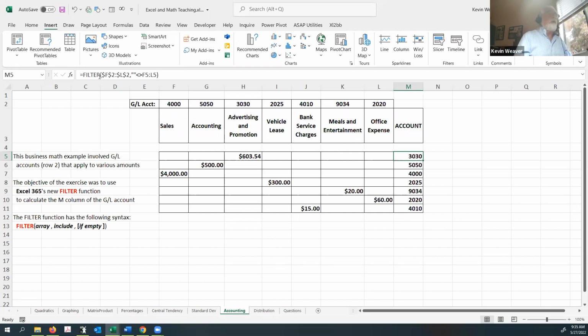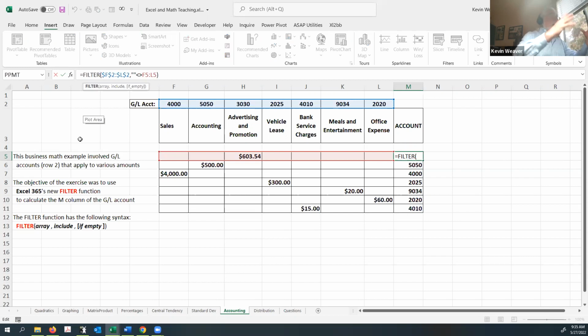But how do I want to filter it? Notice that the tip tells me that filter requires an array as its first argument to be filtered. And then the criteria comes next as an argument, which tells me what things should I include.